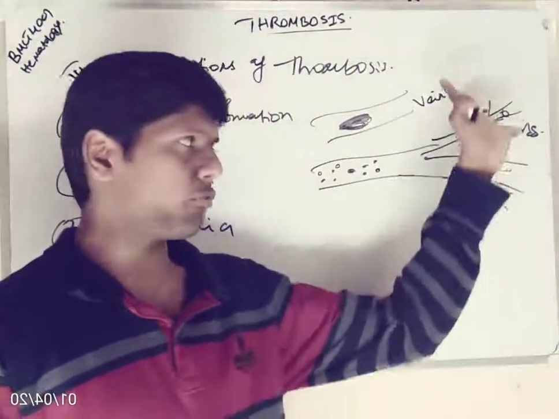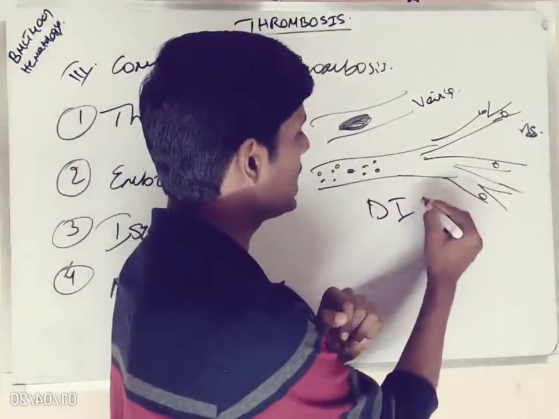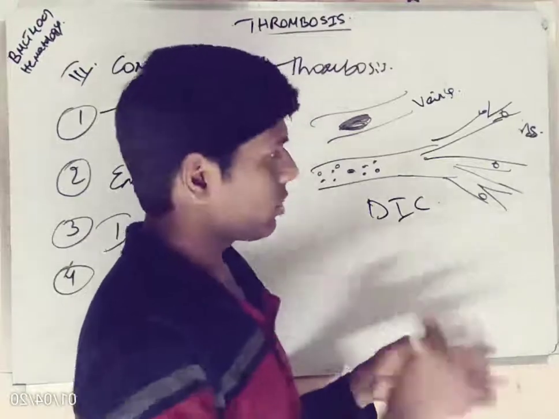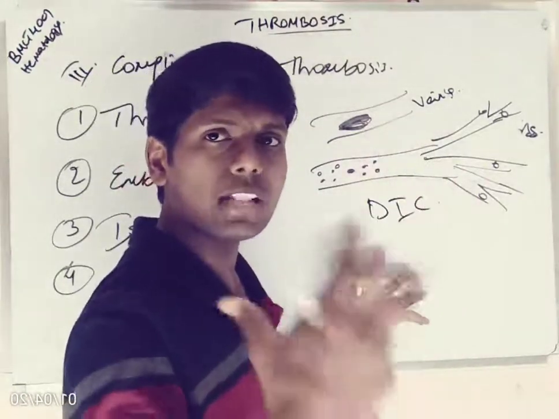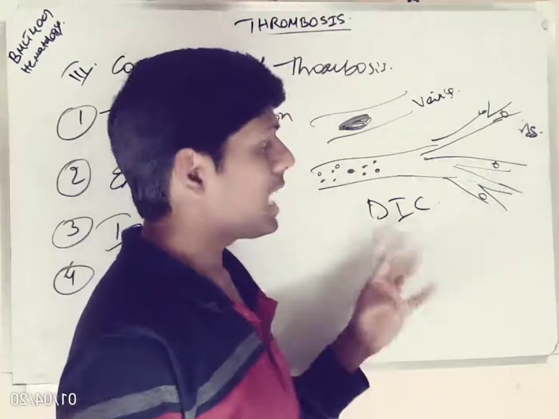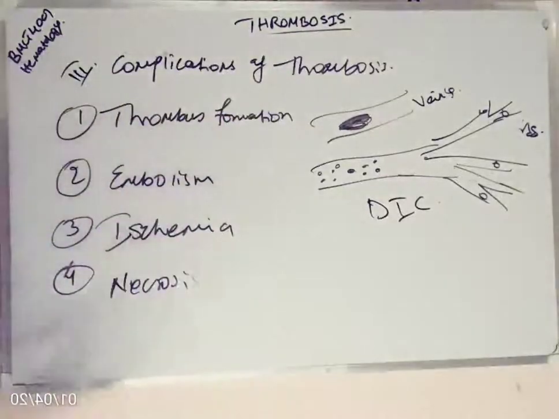So they will block multiple organs within our body. That results in a condition called disseminated intravascular coagulation. So the coagulated parts are disseminated throughout the body, and that causes a condition called DIC, and this disseminated systemic thrombus is called embolism.